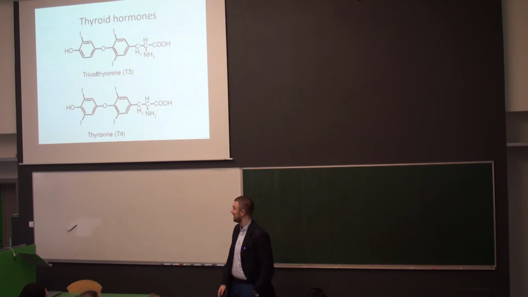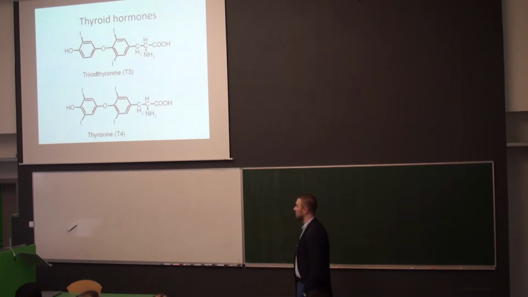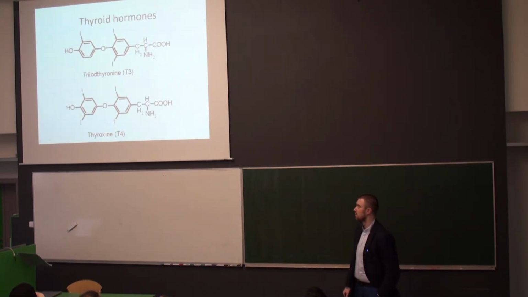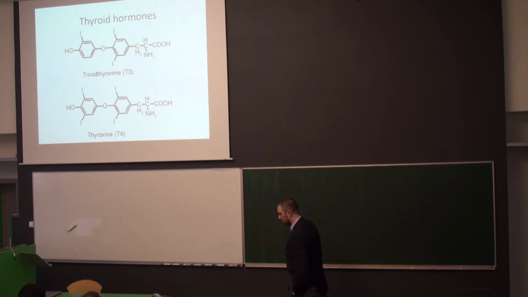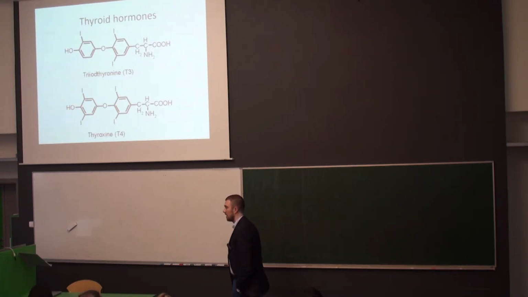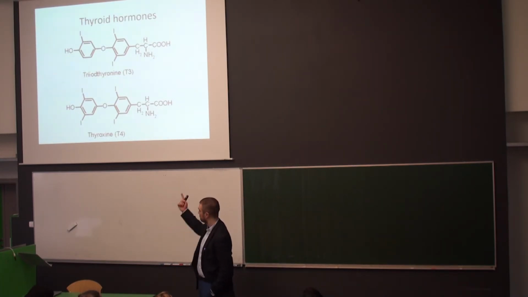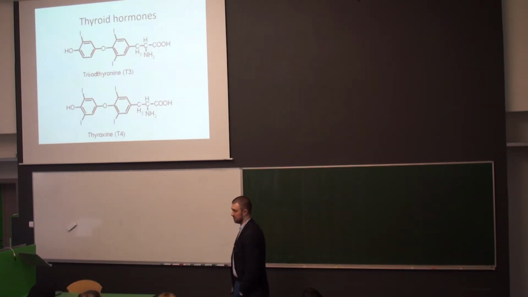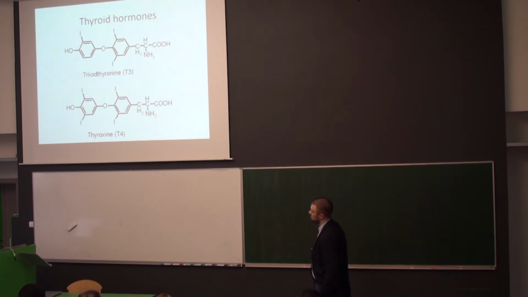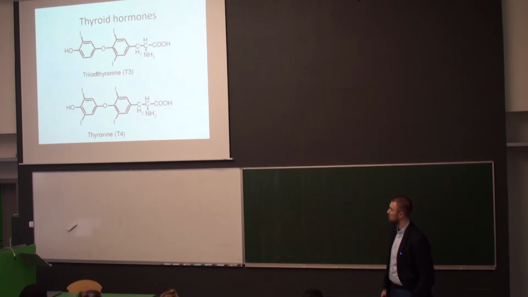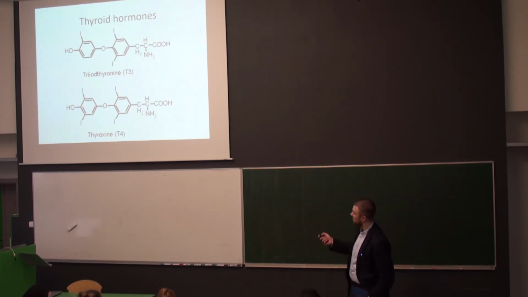Joking, yes. And this is the second big group of signaling molecules, the thyroid hormones, that are produced from the amino acid tyrosine. But in the shape of the molecule, you can see that there is a very big difference. If we say 2 main things, here you have iodine, and second, here you have 2 aromatic rings.